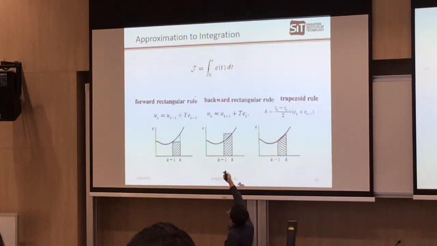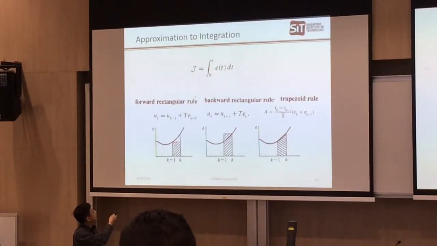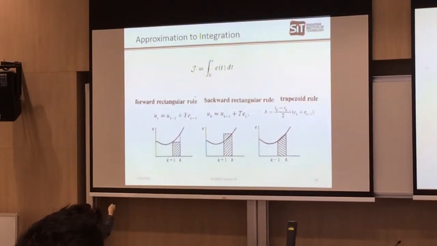Okay, so let's say we take your output function as the integration of the input, okay, your in is your input. If you use the so-called forward rectangular, it means you are going to take the current function and you forward. So it means your output will be your current input multiplied with the time.